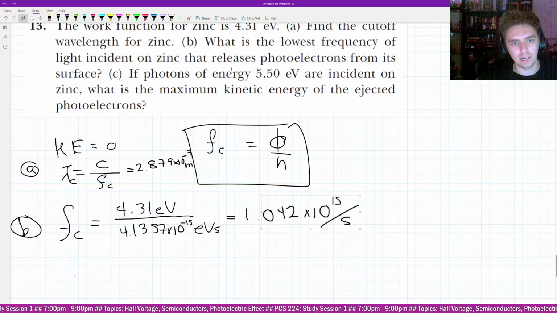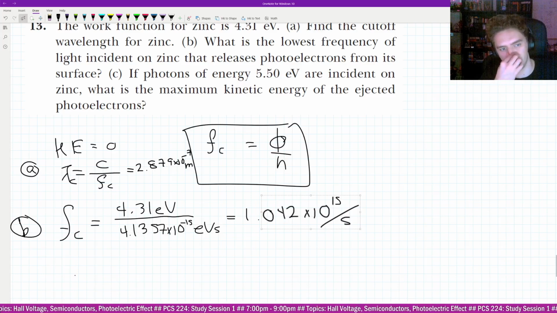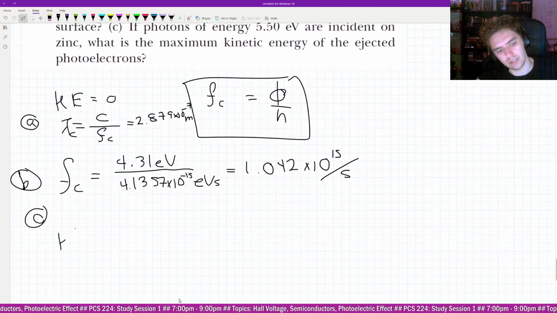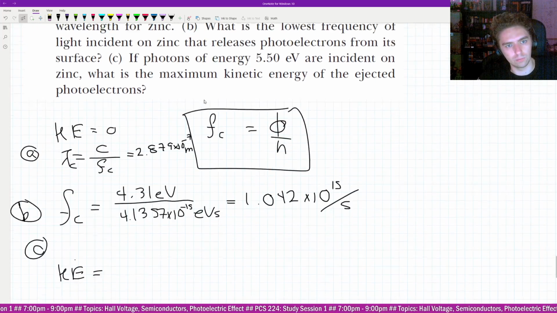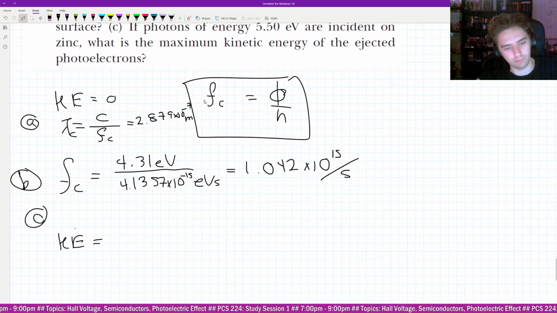If photons of that energy are incident on zinc, what is the maximum kinetic energy of the ejected photoelectron? So for part C, the kinetic energy is just the amount of energy you get from the light, right? I'll just say E light, minus the work function.